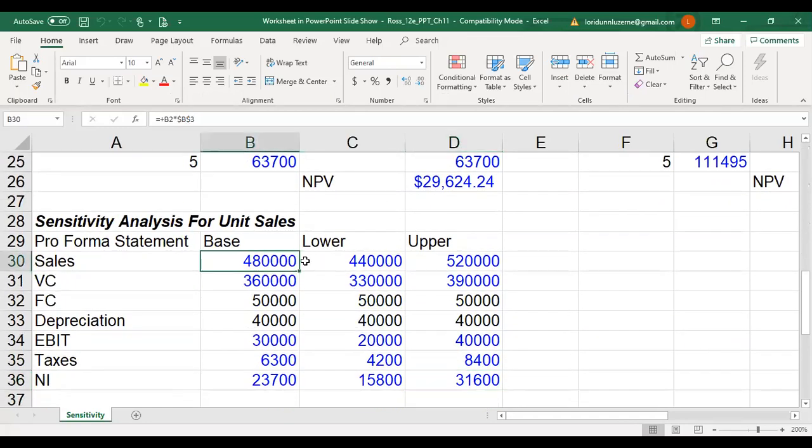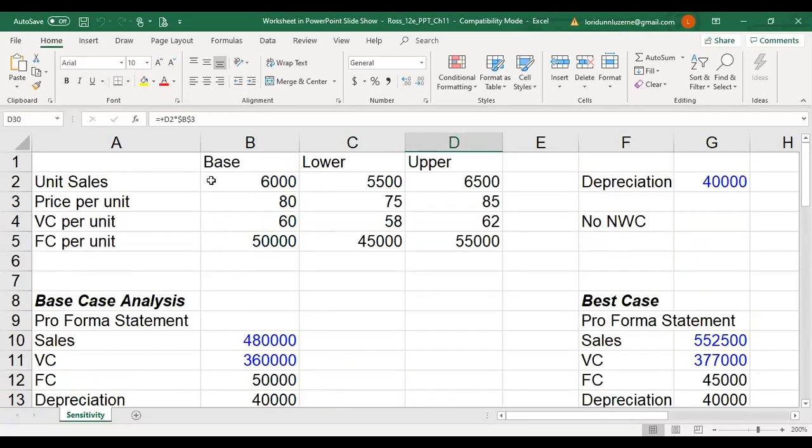Now in the first scenario, we are going to see how changing the amount of sales impacts our analysis. So now we will use the number of sales with the same selling price, same variable cost, same fixed cost and depreciation as our base.